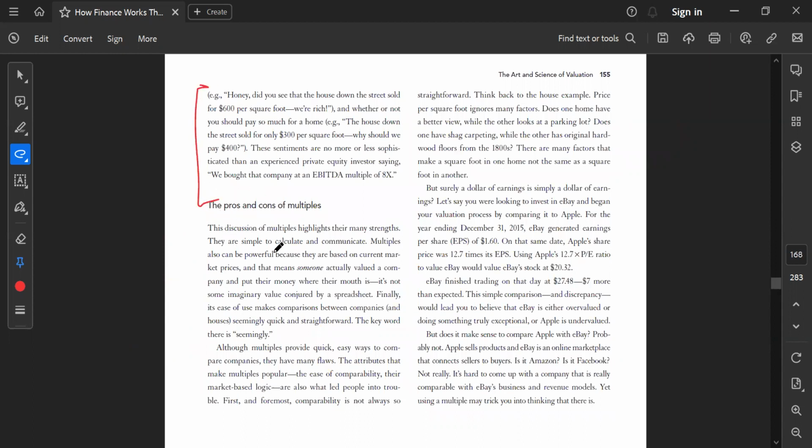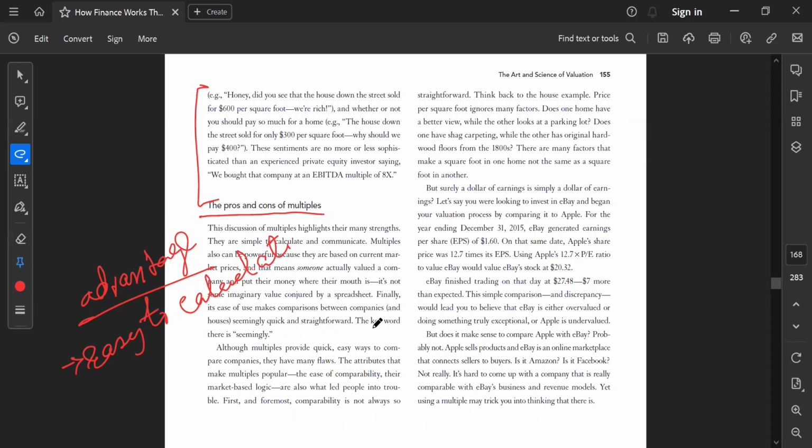So here it also tells the same thing. Okay, that the pro or the advantage of using multiples is that it is easy to calculate. Okay, seemingly quick and straightforward.